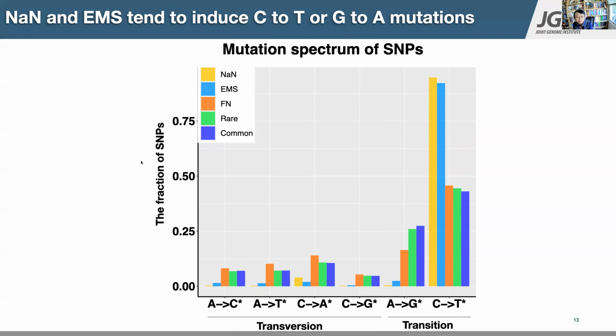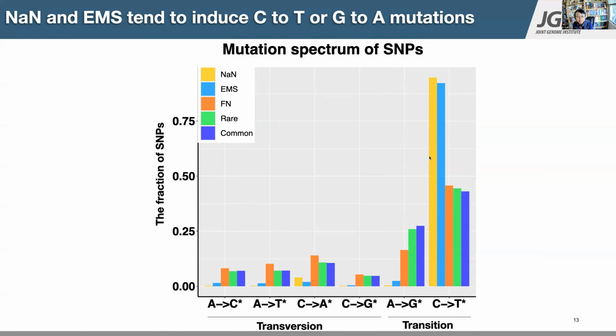We can see that for both de novo and standing mutations, transitions have a much higher proportion than transversions. And the majority of the mutations are concentrated in the C to T or G to A categories, which is consistent with previous studies in sorghum, rice, soybean, and other crops.